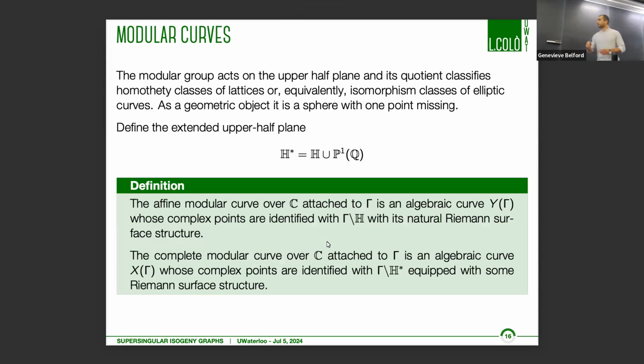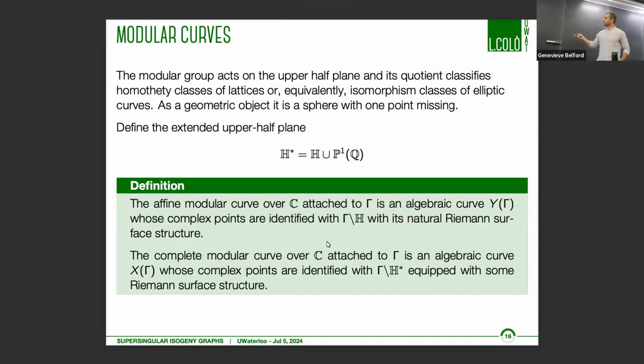I'm not going to spend too much time on this, but it's important to notice that when you consider the quotient of the upper half plane by SL2(Z), what you obtain is some kind of object which looks like a sphere with a missing point.